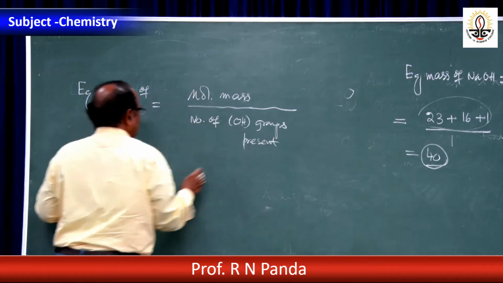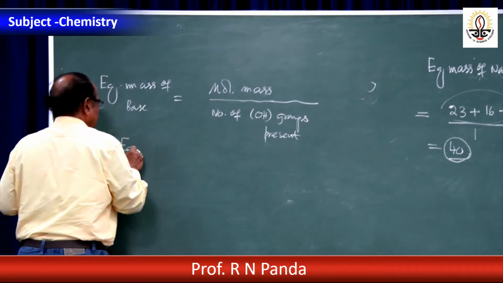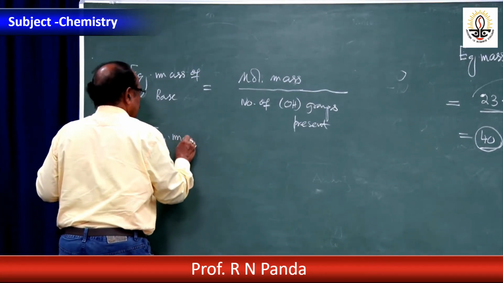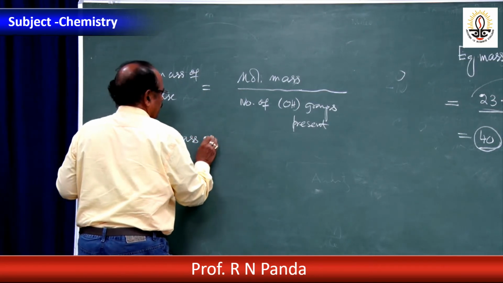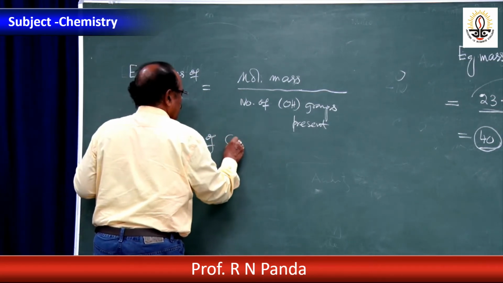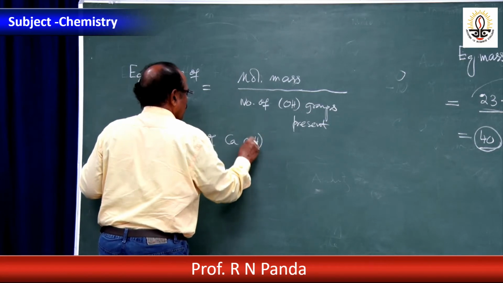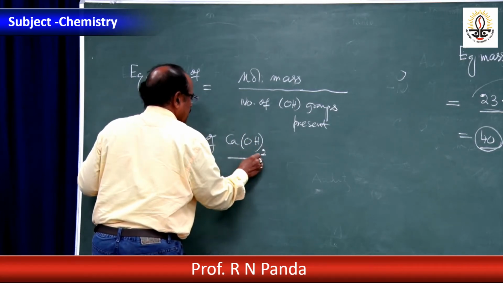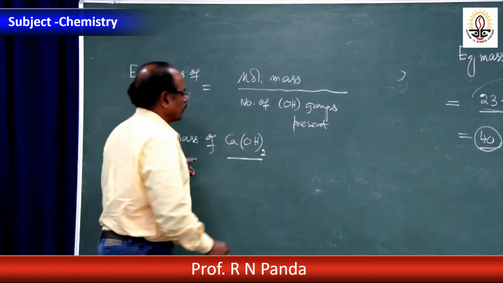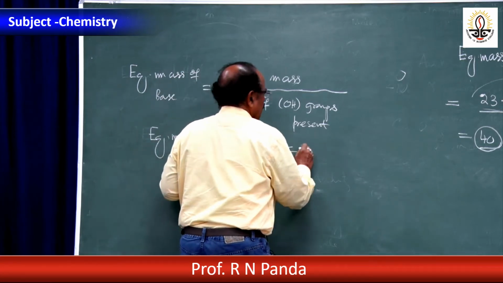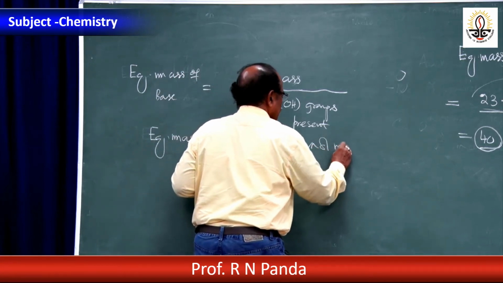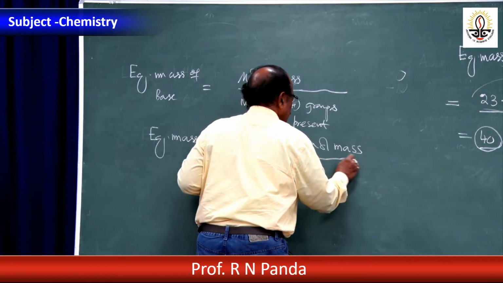So if you come to now equivalent mass of calcium hydroxide. We can say that the equivalent mass is the molecular mass by 2.